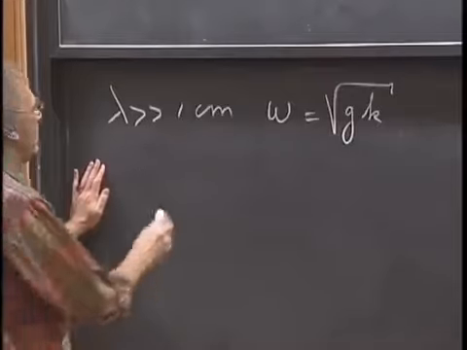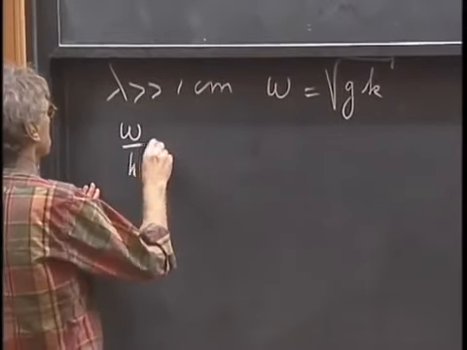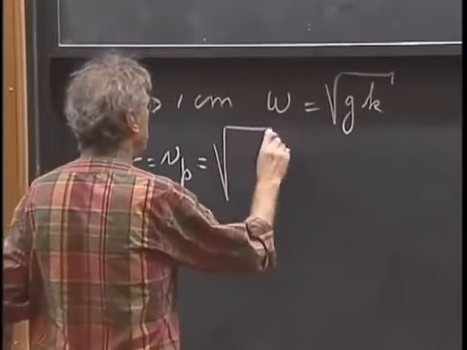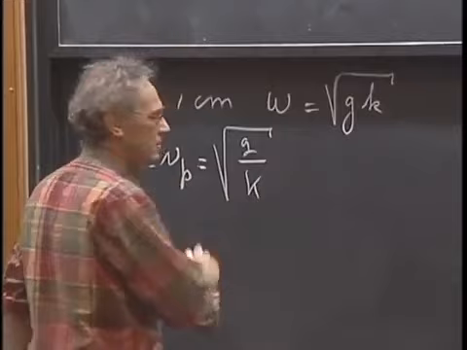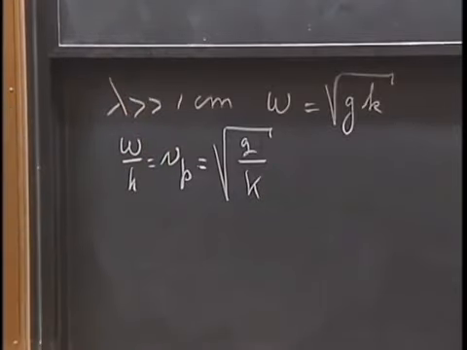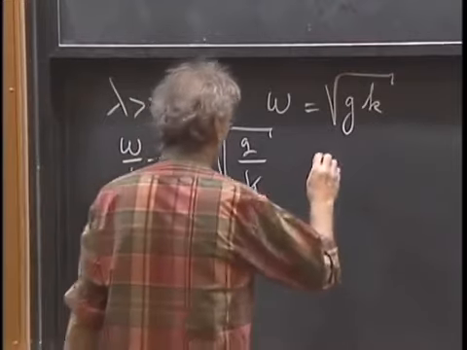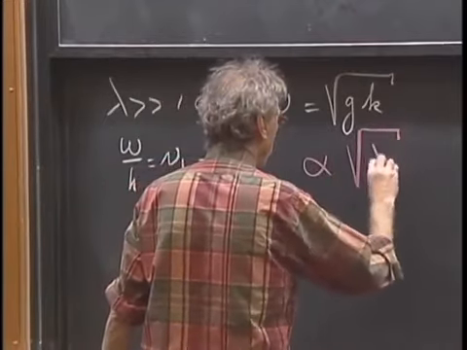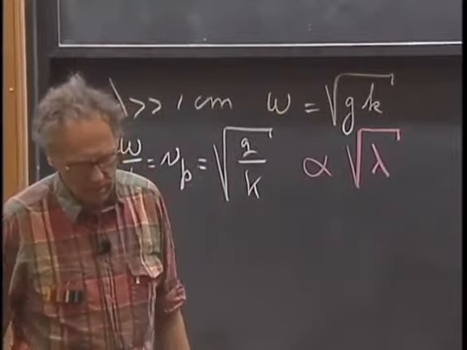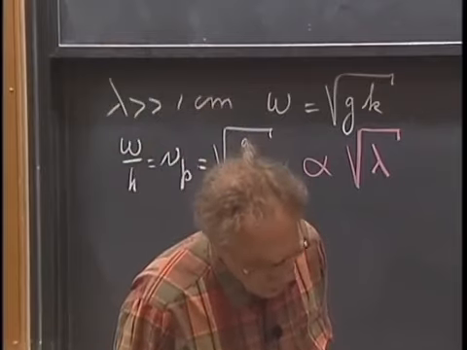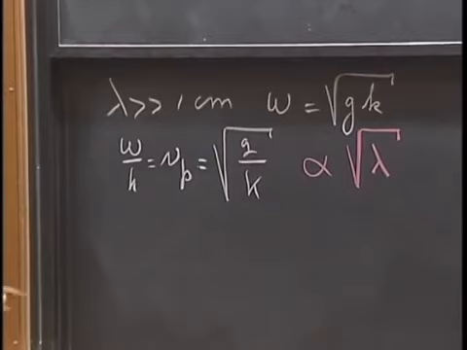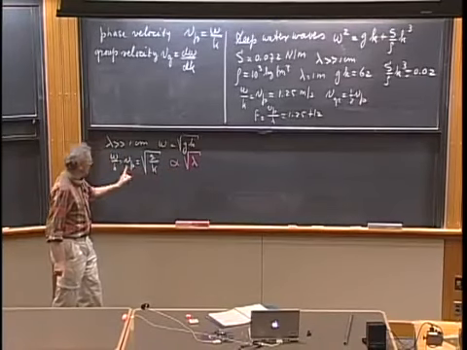And so omega divided by k, which is the phase velocity, is therefore the square root of g divided by k. Do we agree? And notice that this is therefore proportional to the square root of the wavelength, because 1 over k is proportional with lambda. So what it means is that the larger the wavelength, the higher the phase velocity.